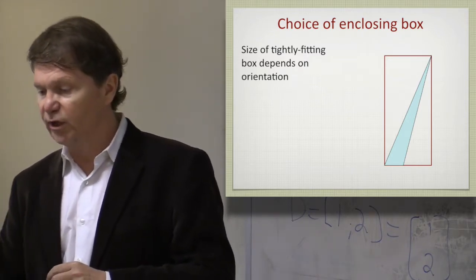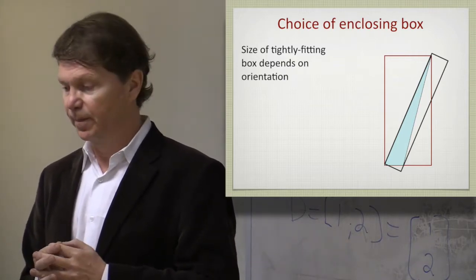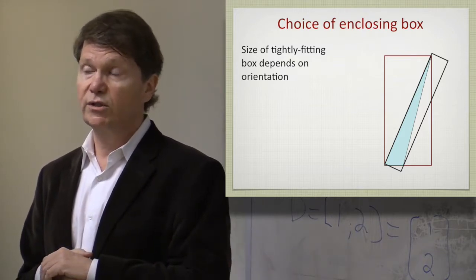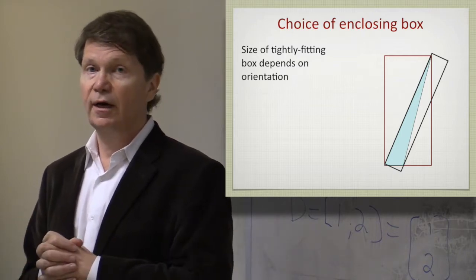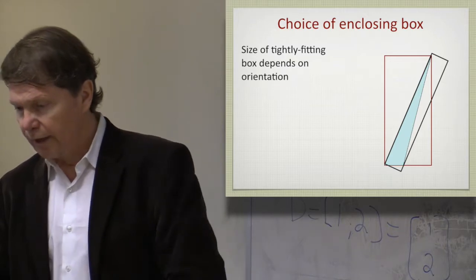And I might choose to redraw the box like this, and now I have a much bigger fraction of the box being represented by the blue area, and this would be easier to sample because the hit fraction would be higher, and you would get your statistics more quickly in terms of determining that area.